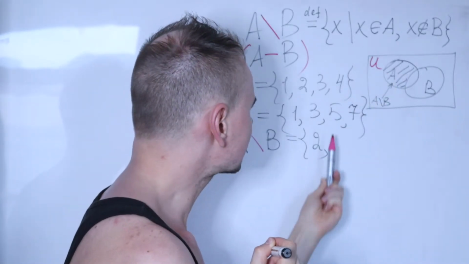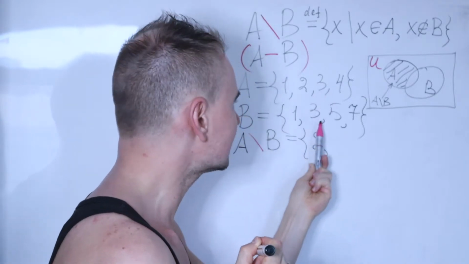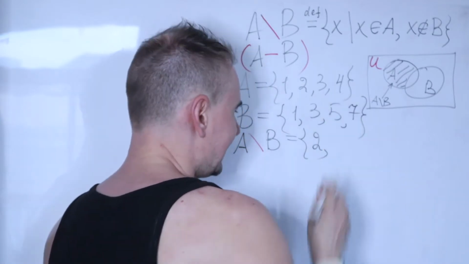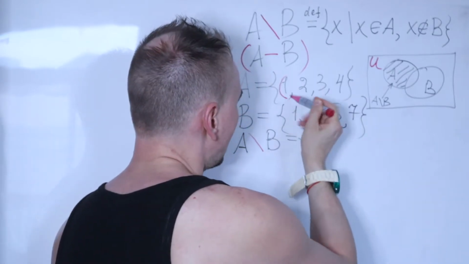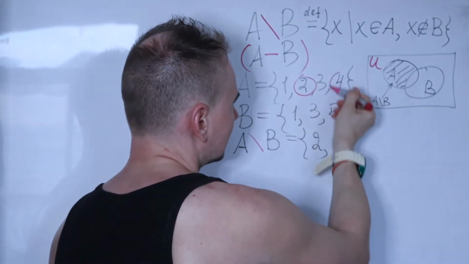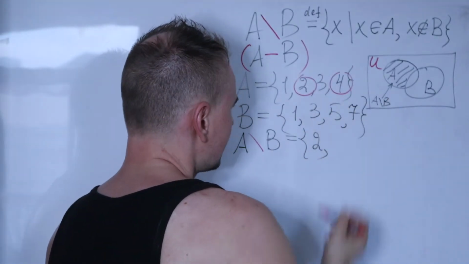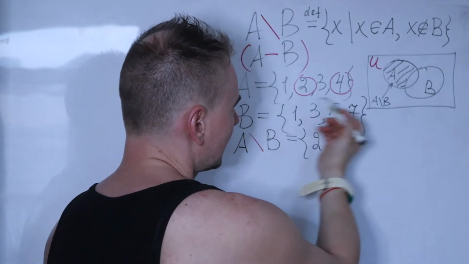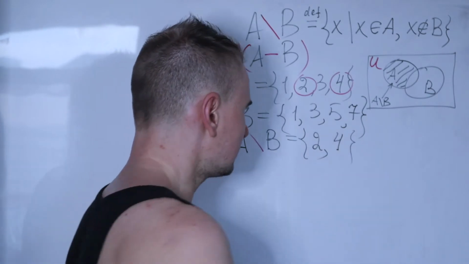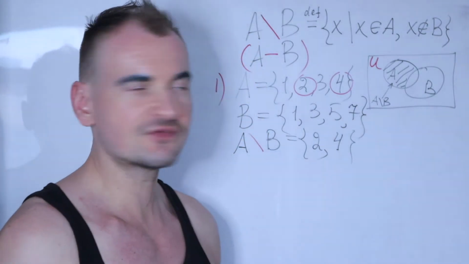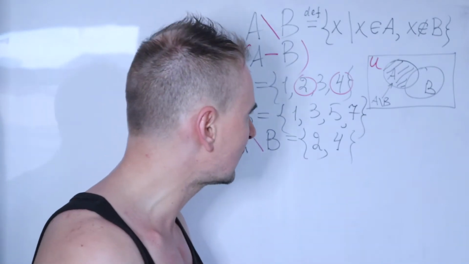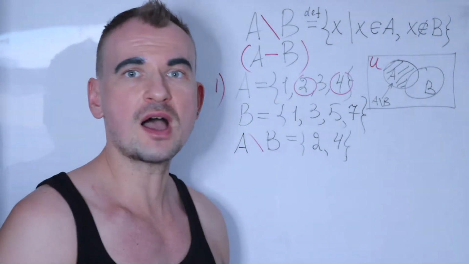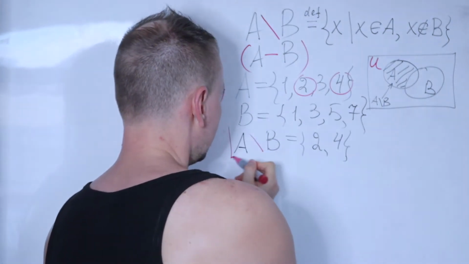Next one, 3 is in set A and in set B, so no. Element 4 is in set A, but there is no element 4 in set B. So 4 goes into our difference. There are no more elements, and the difference between A and B is just these two elements, 2 and 4. And that's your final answer for that problem.